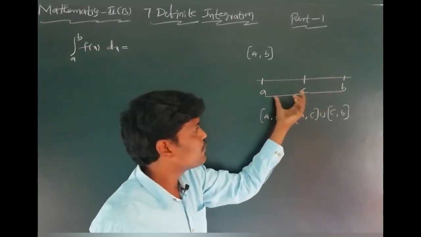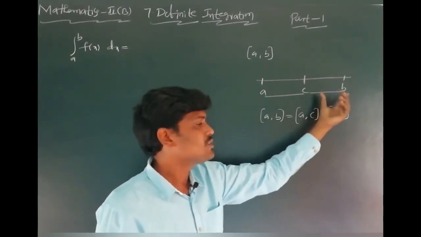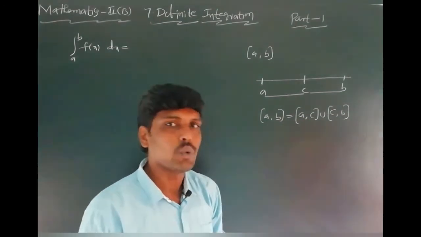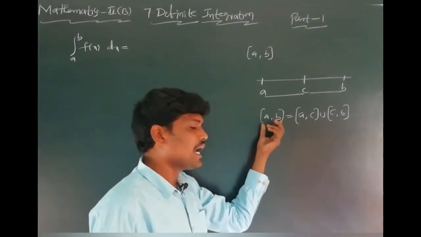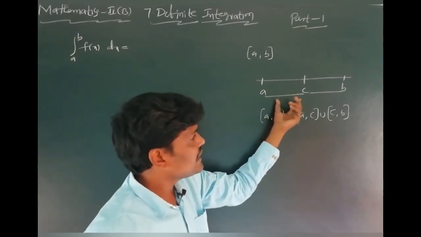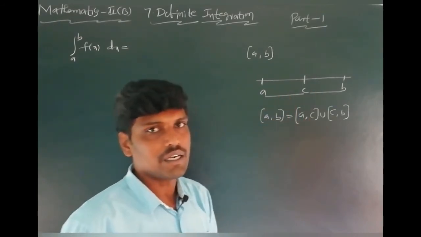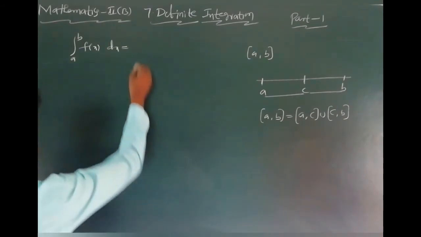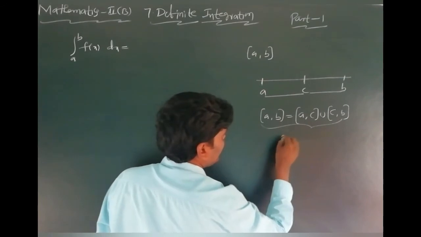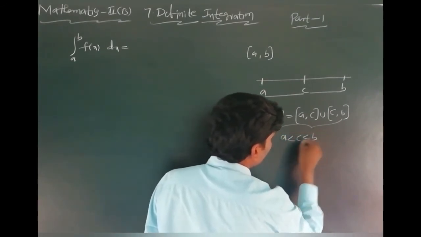After union of these two intervals, you get the a comma b interval. Similarly, a comma b is divided here, with a less than c less than b.